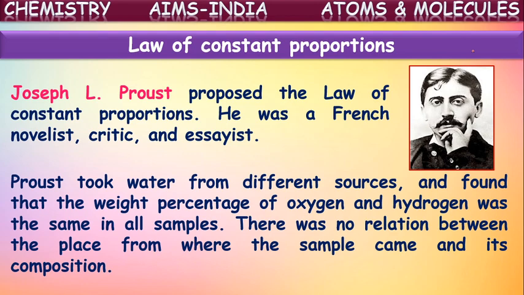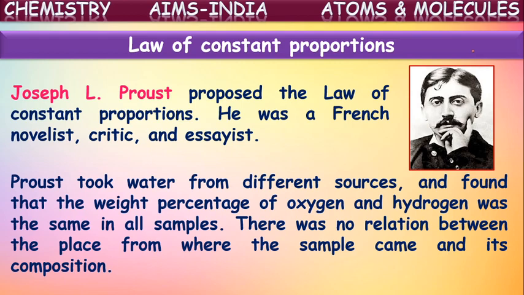There was no relation between the place from where the sample came and its composition. So, from wherever you take a chemical substance, and however you prepare it, the composition ratio of the elements in it will always be fixed.